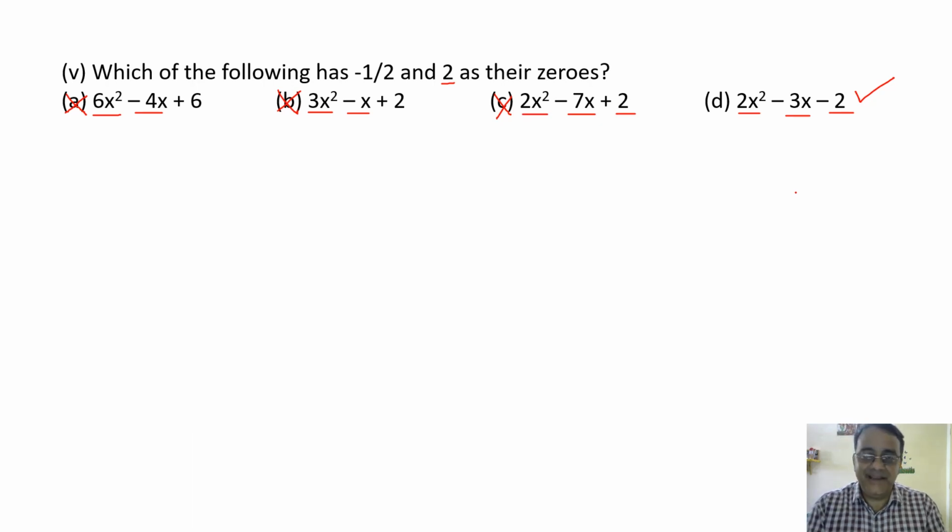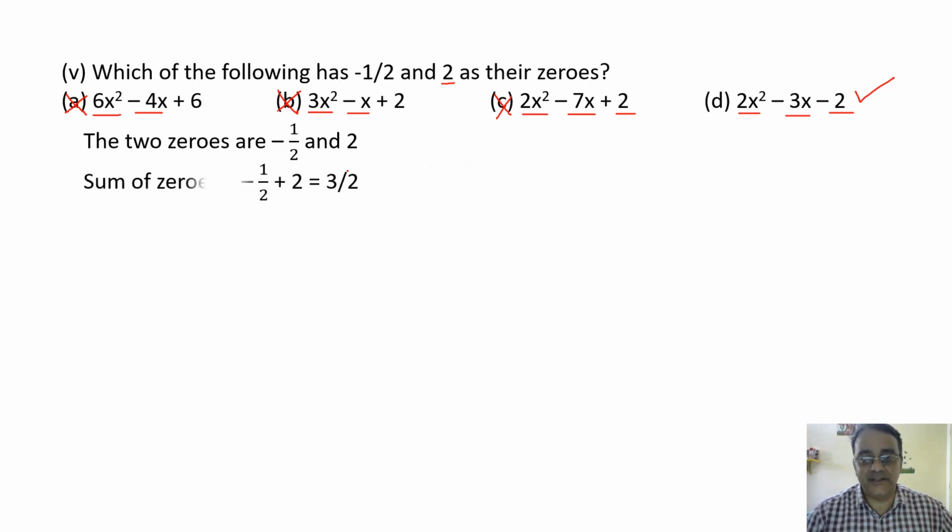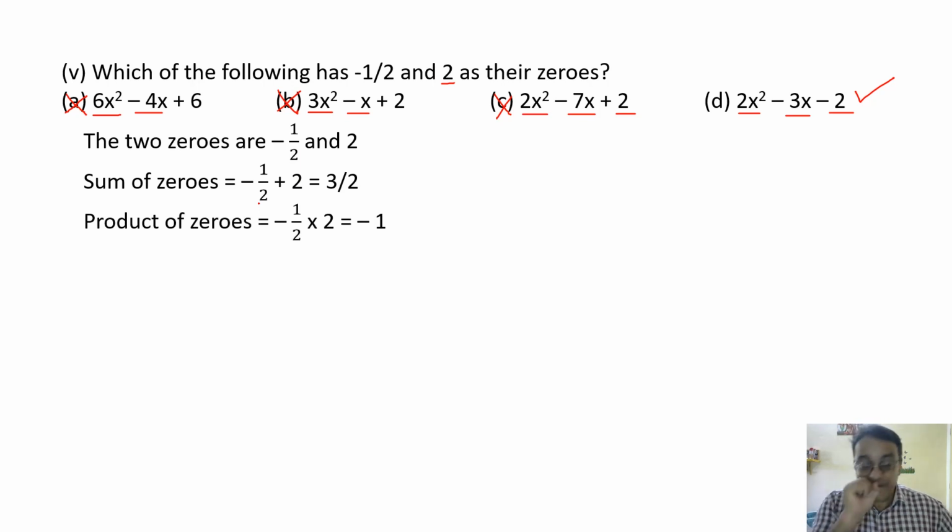Okay, fine. Now I'm talking about the original solution. The 2 zeros given are -1/2 and 2. So first we will find the sum, then we will find the product. The sum is -1/2 + 2 = 3/2, and the product, if you multiply these two, we get -1. Now the formula is k into x² - (sum)x + product.